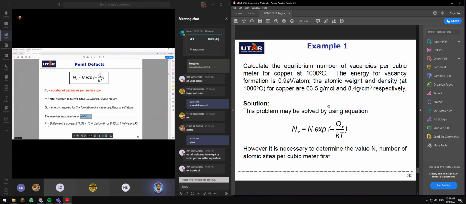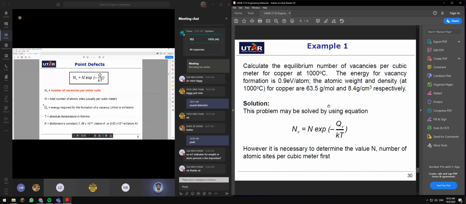And k is your Boltzmann constant. It can be either 1.38 or 8.62, depending on the QV units. If the QV units are in J per mole, you need to use this constant, 1.38 times 10 to the power of negative 23.